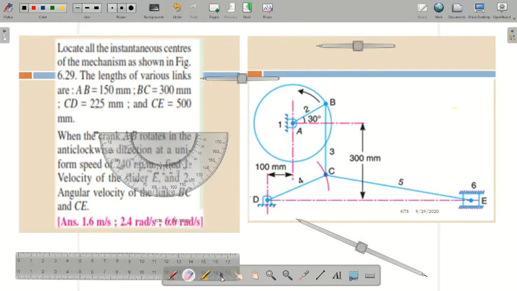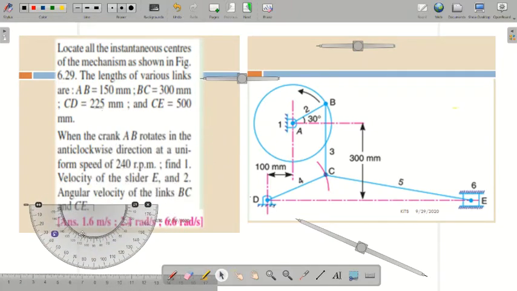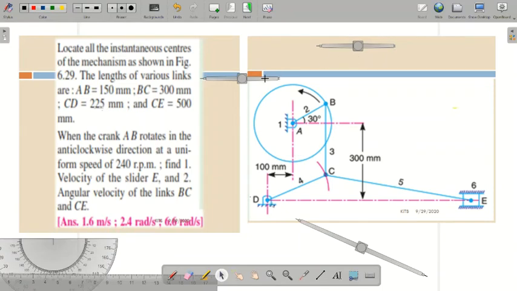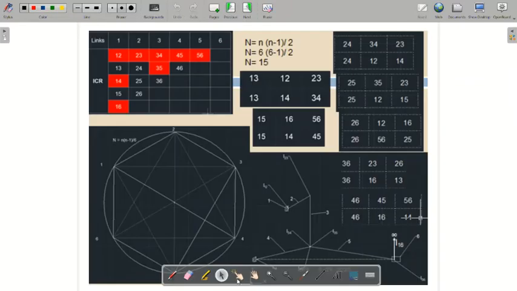We will move to the next slide and there we will see about that. So to draw this diagram, definitely you need a protractor, scale and compass. Without these instruments you can't draw this diagram. Okay, so keep them near your hand. We'll move to the next slide.